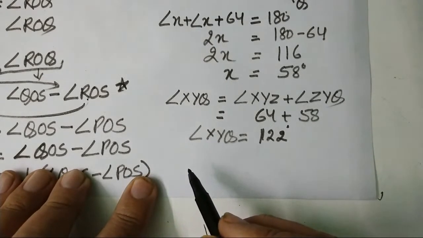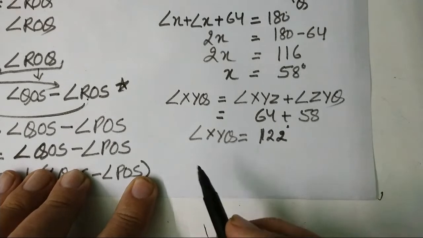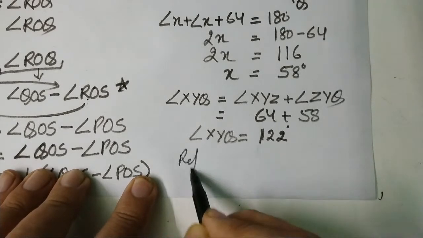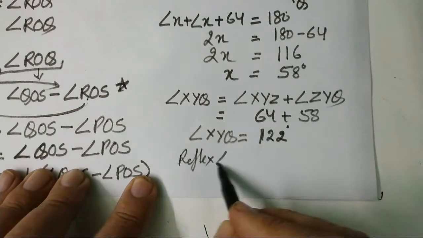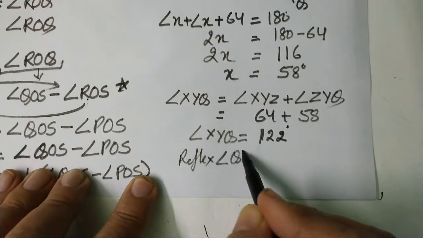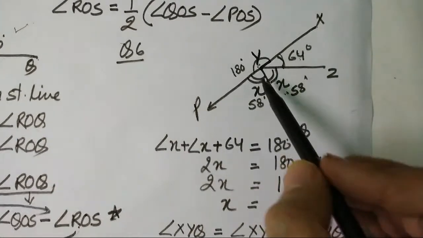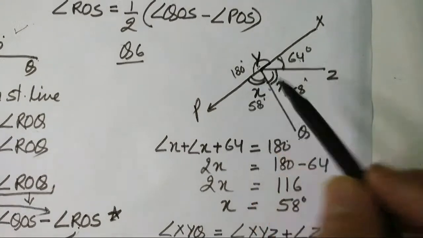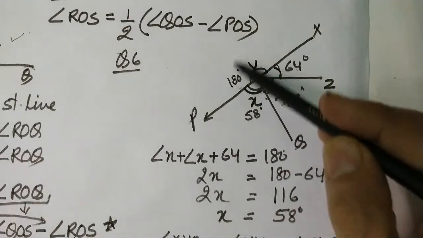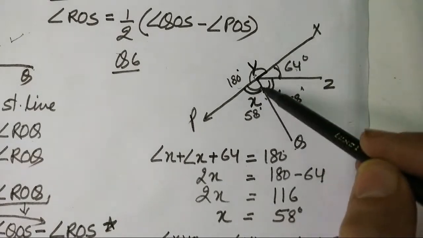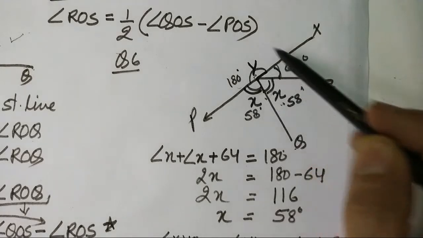Now they want another answer, which is the reflex angle QYP. Reflex of this angle means 58 and the angle around it. You have to find what is the reflex.